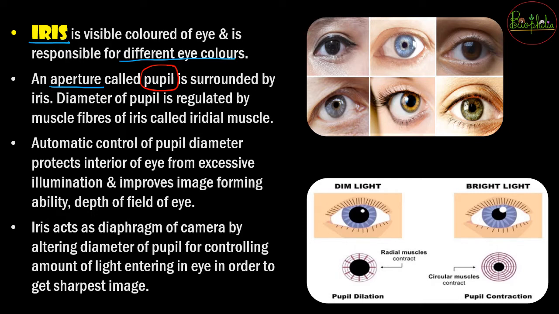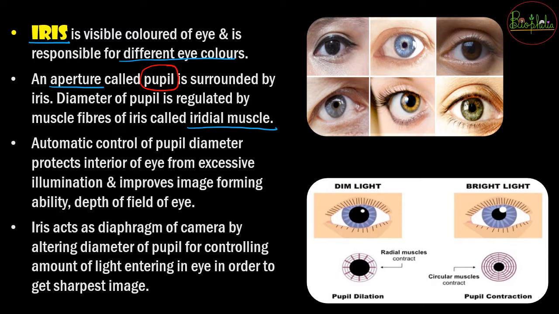The regulation of the diameter of the pupil is controlled by the radial muscles. These muscles control the pupil aperture, the pupil opening. When these muscles contract, there will be dilatation of the pupil. Dilation means the aperture or the radius of the pupil is going to increase.